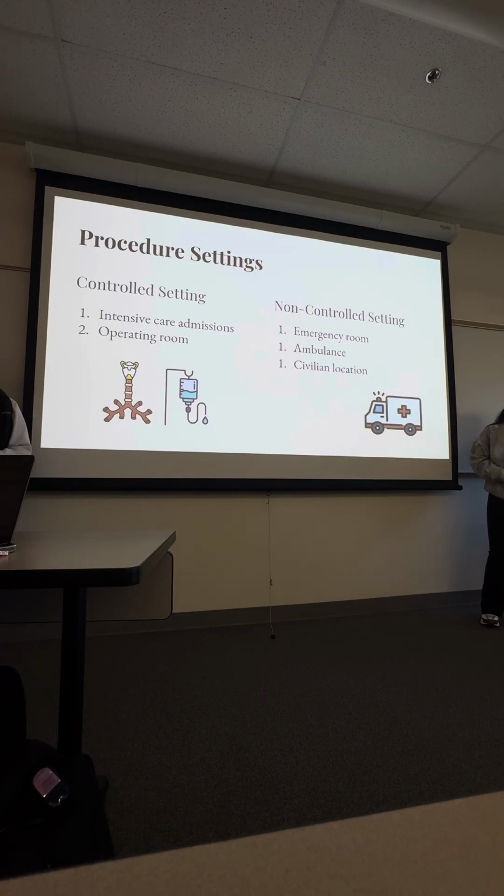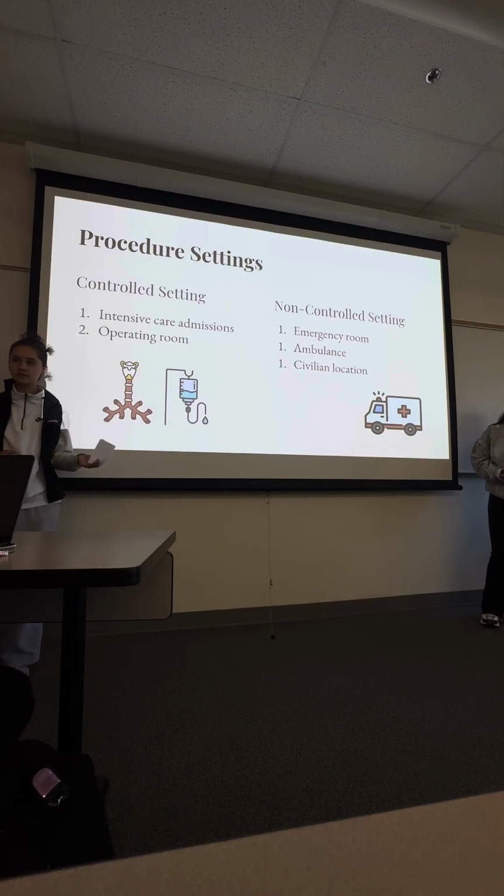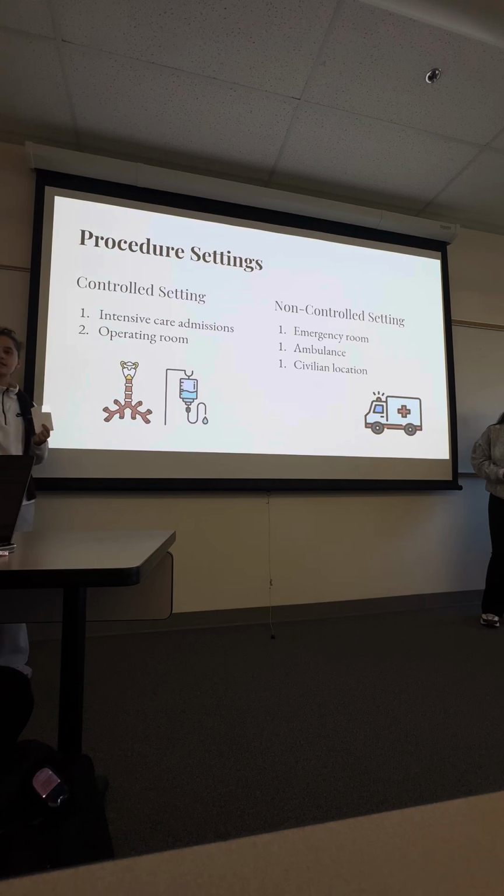So, endotracheal intubation primarily occurs in specific circumstances, that being in an emergency or controlled setting. Here we can categorize examples of a controlled setting and a non-controlled setting. Primarily, intubation occurs in non-controlled settings, for example, emergencies, and can occur in ambulances, where paramedics and EMTs complete this procedure in under 1 minute, because they are efficient in this specific process.